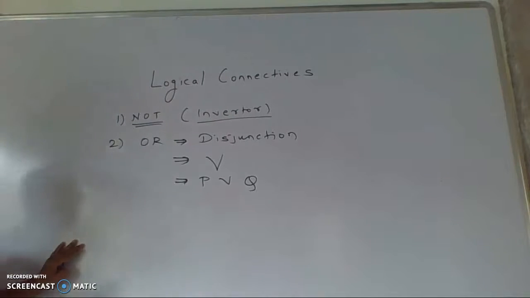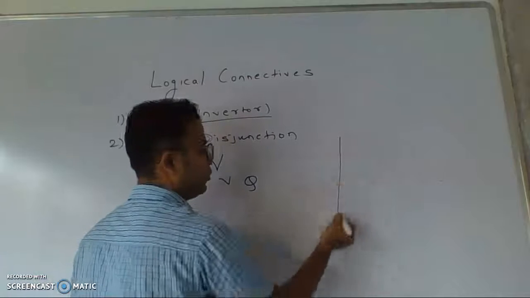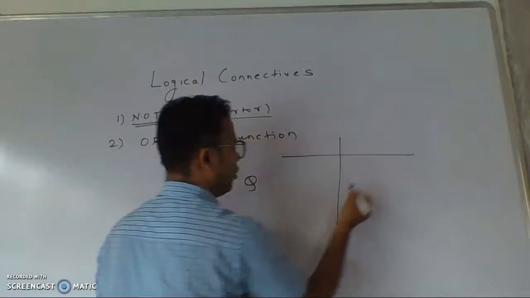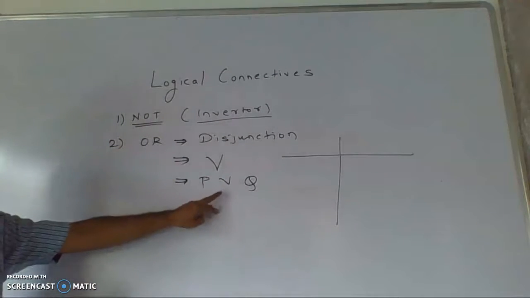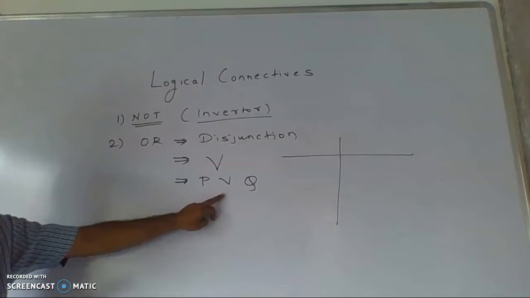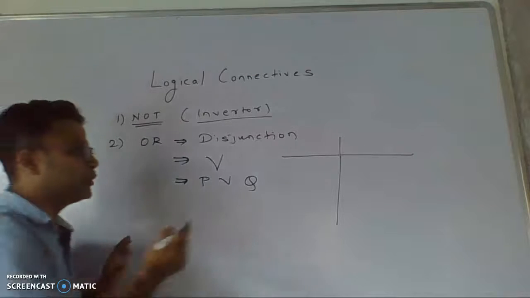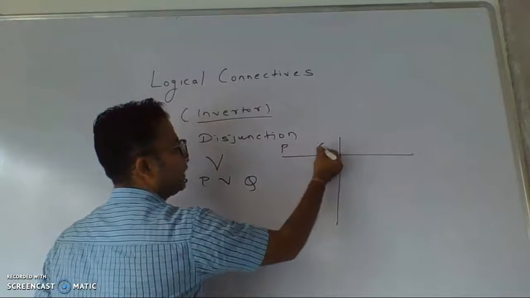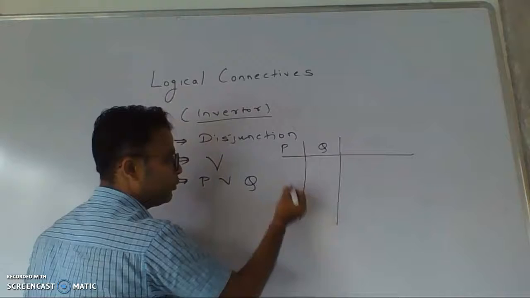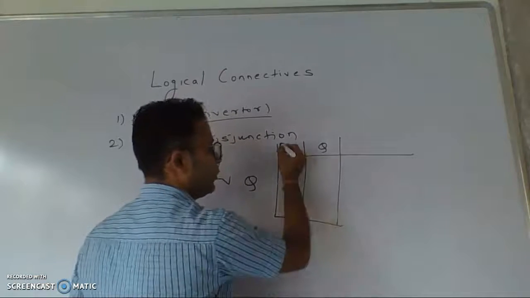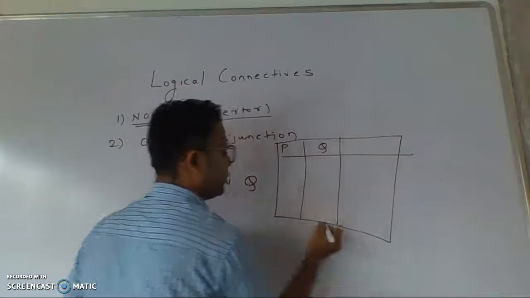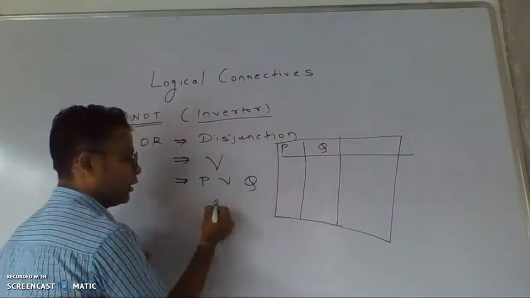Next is its truth table. As the name itself suggests, it should have a minimum of two operands. If we have two statements like P and Q, the number of possible truth values is 2 raised to the power 2, that is 4.